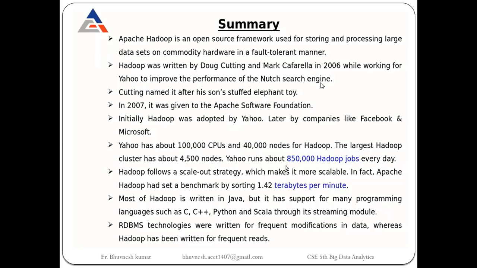The project name is Nutch search engine, and on that project they were working on the distributed file system as well as MapReduce. Nutch is also a product of Apache, a highly extensible and scalable open source web crawler. It is a project under Apache.